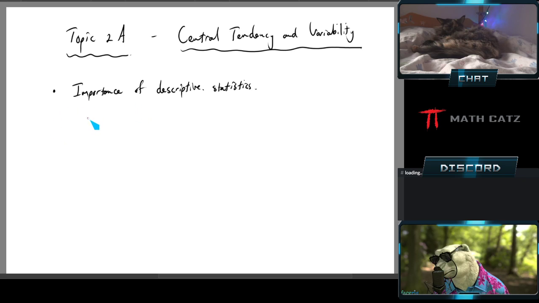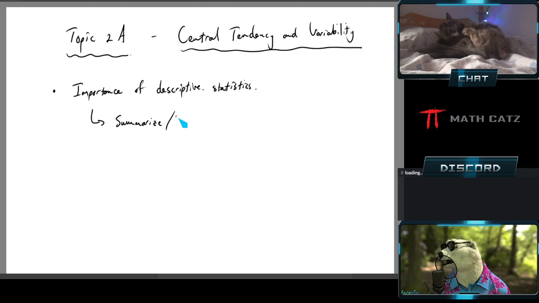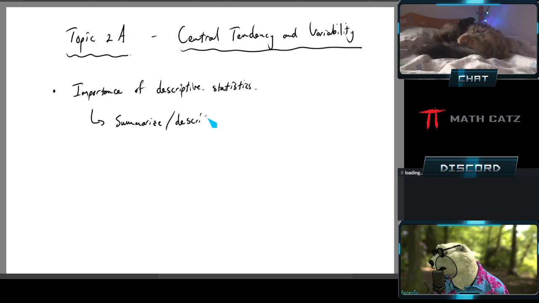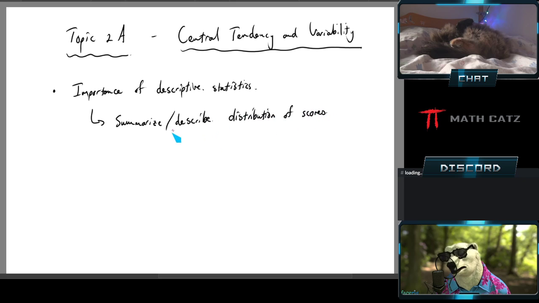But more than that, we want to summarize the data by way of one, two numbers. And that can be used to describe the data as well. We want to summarize the distribution of the scores that we have.